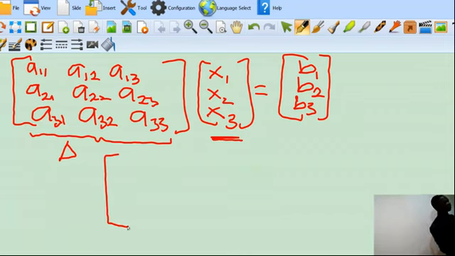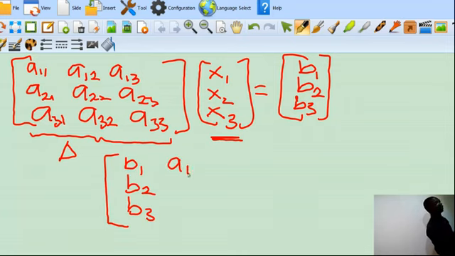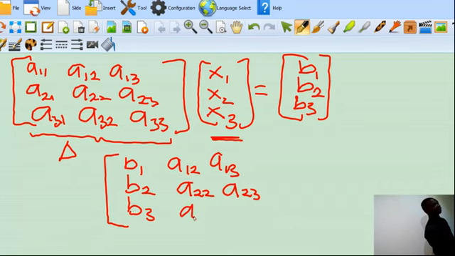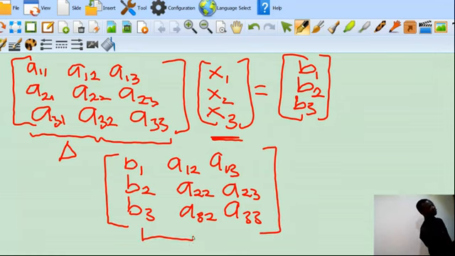It means that you have another coordinate matrix by replacing the first column with your vector B, which is B1, B2, B3, and you have your A12, A13, A22, A23, then A32, A33. Following the same similar procedure from this place, you can obtain another determinant, which is going to give you your delta 1.